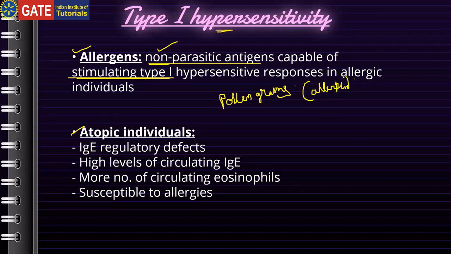They will stimulate the mast cell. Mast cell releases histamine. Histamine will cause constriction of the bronchi, which leads to difficulty in breathing. So what is the point you have to remember, friends? Allergens are generally non-parasitic antigens which have the capability of stimulating the hypersensitivity response.